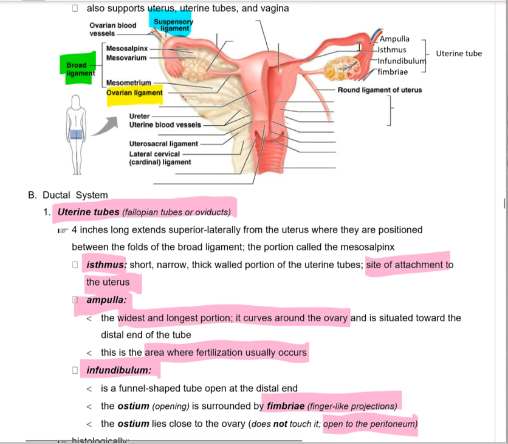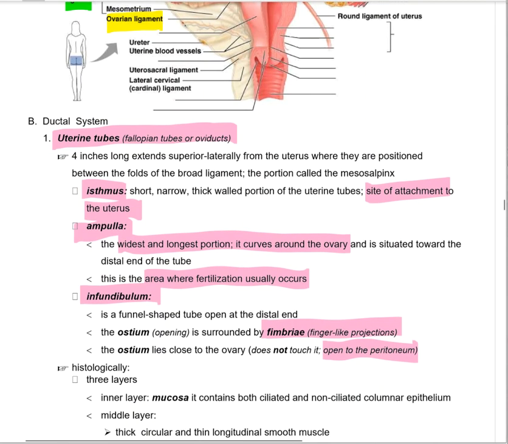If a fertilized egg were to go out into the area and then embed into one of the walls, you could have an ectopic pregnancy where instead of embedding into the uterus, it embeds into the tube, which would be a tubal pregnancy, or it leaves here and goes into the pelvic cavity, which is rare but can happen sometimes.